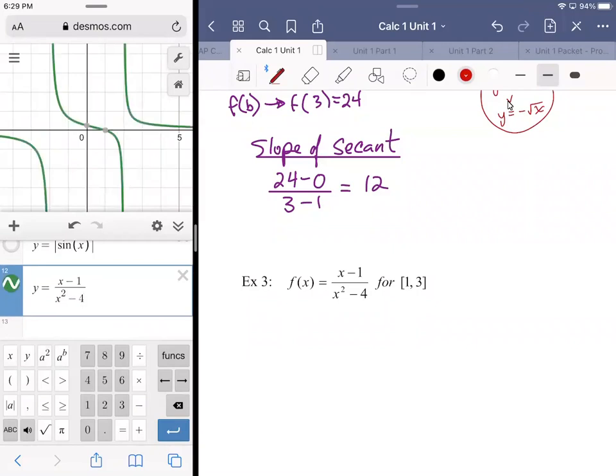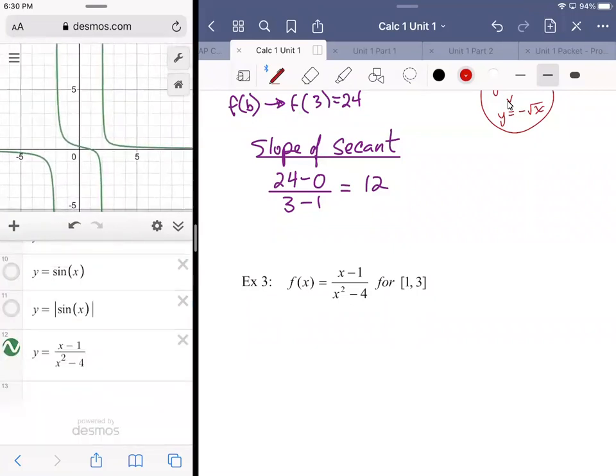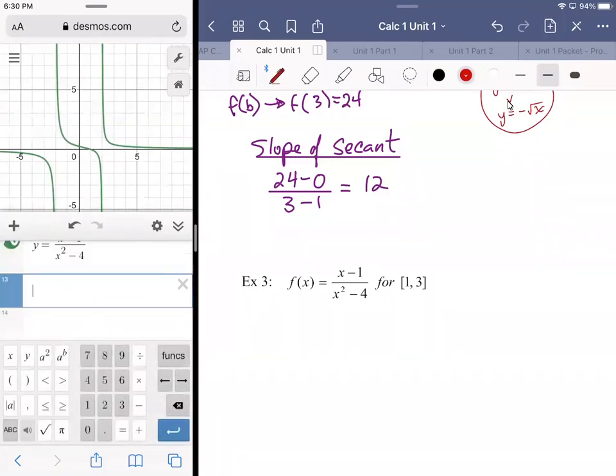And I'm going to make sure that the two pieces or the two x values that I'm looking at actually fall on the same piece, right? Because we're looking at asymptotes here, all right? So we'd have an asymptote at x equals -2, and we'd have an asymptote at x equals +2.